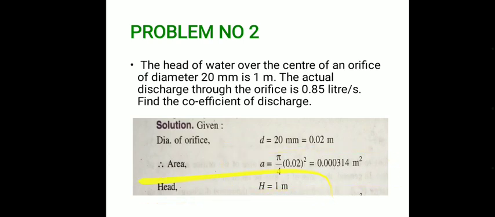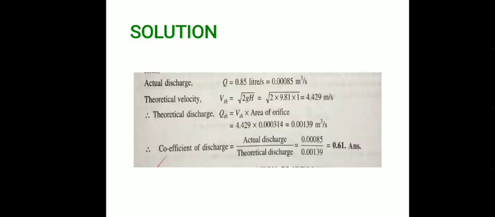Finally, head, h is equal to 1 meter. And moving on, the actual discharge in the orifice is given as 0.85 liter per second. It can be converted into meter cube per second by dividing this term by 1000.